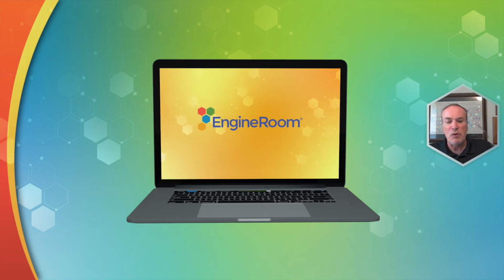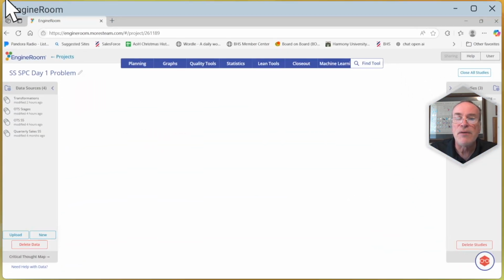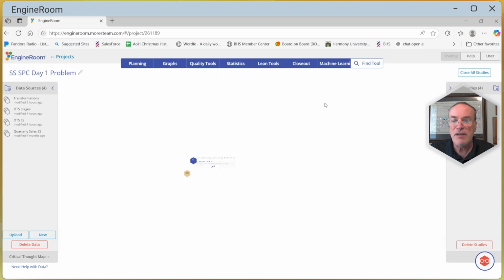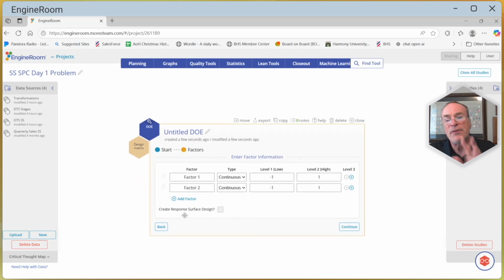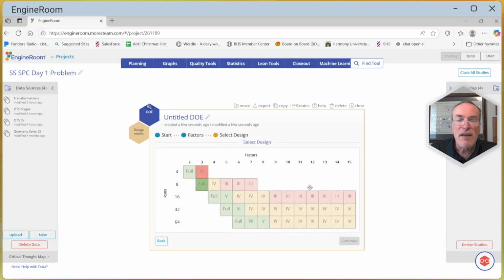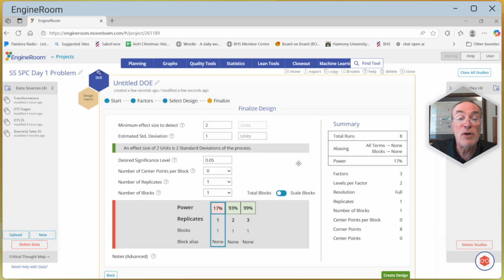We're going to go to Engine Room and we're going to create a brand new design of experiment and we're going to go ahead and design it. I'm going to add a third factor just so we've got something a little more complex. And that's probably something that we might do in our real world.